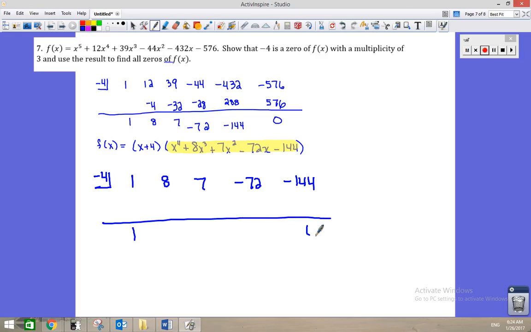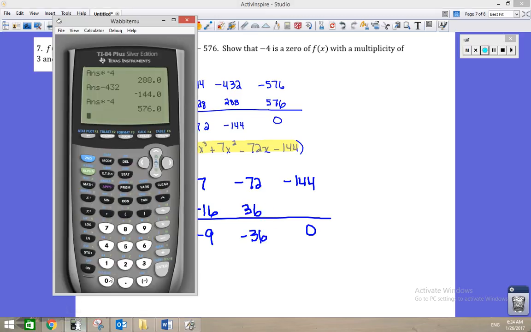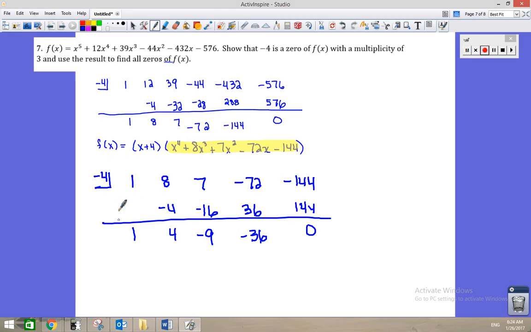I'm expecting a 0 here. Alright, so this f of x, I now have another factor of x plus 4, so I can write it as x plus 4 squared.